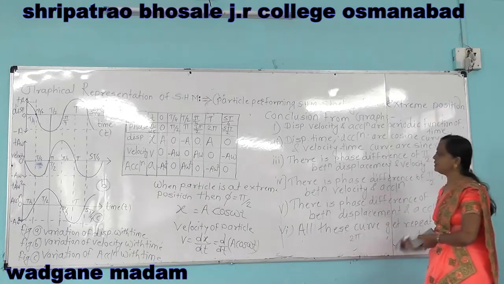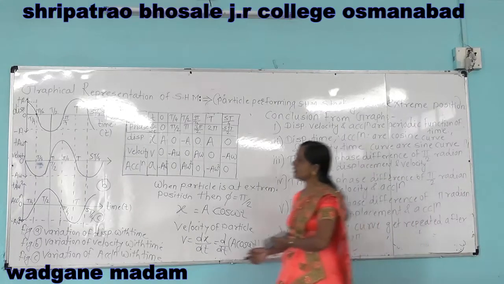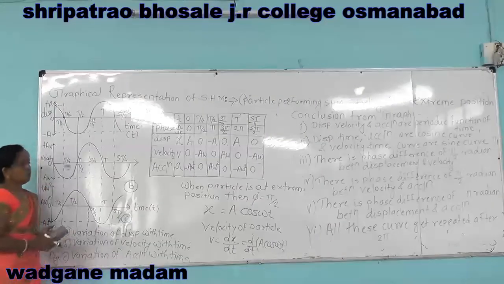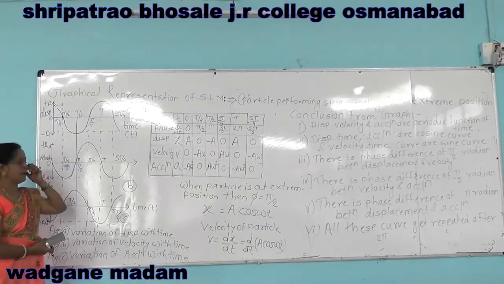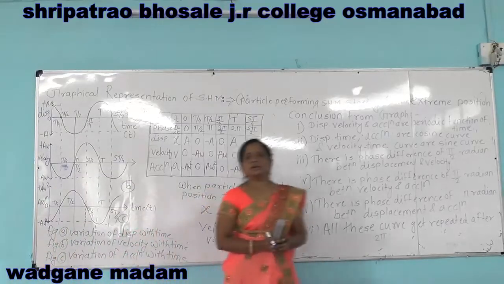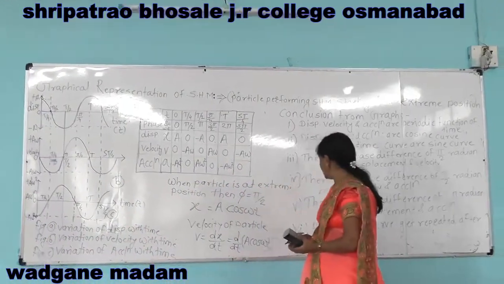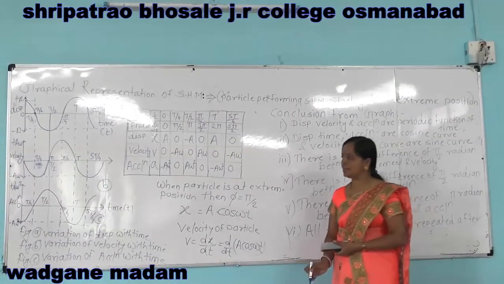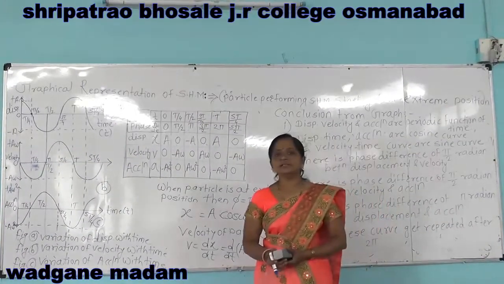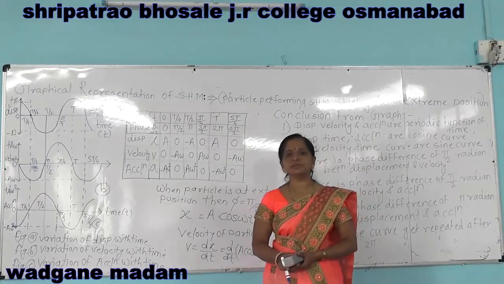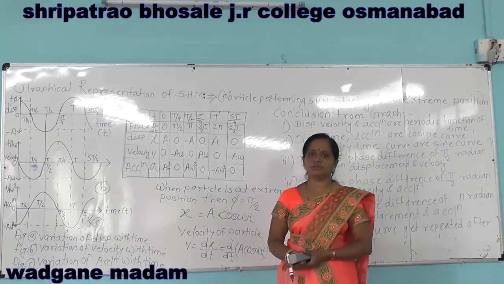The shape of all these curves repeats after the time interval or phase of 2 pi radian. This is the conclusion. Also the last conclusion is that displacement and acceleration are at extreme position and velocity is minimum at the extreme position.